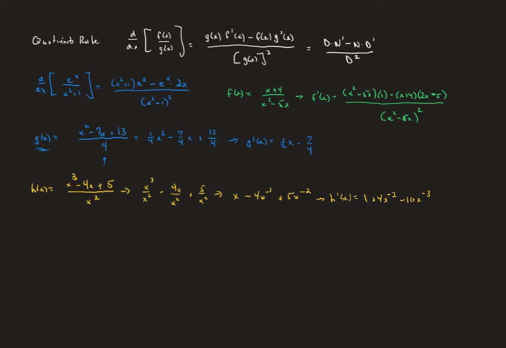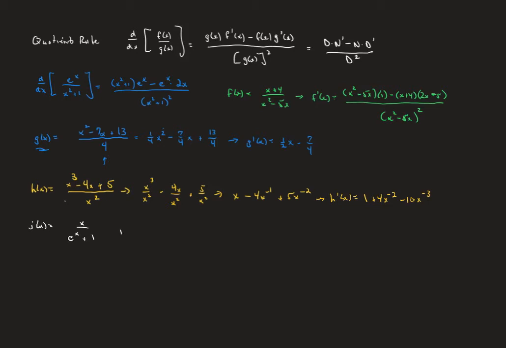So let's do maybe one more. Let's do something like, we'll say j of x will be x over e to the x plus 1. Remember, you can't split up a denominator like we did up here. So there is no great way to do this.